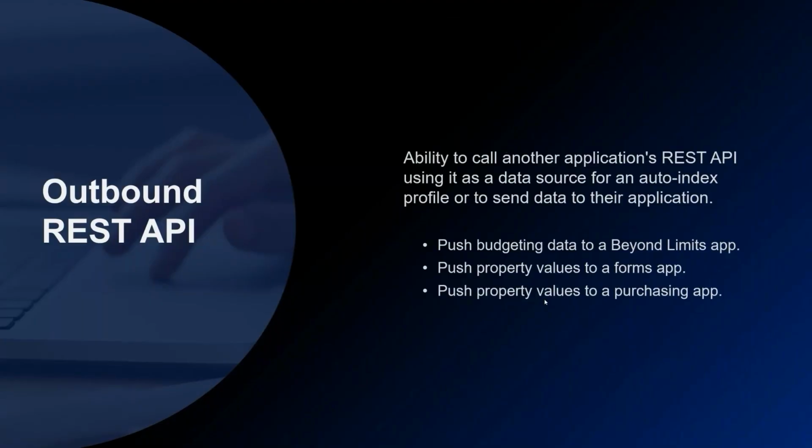But I wanted to mention also that we're working on a new tool for using another application's REST API to connect with DocLink, either to consume or export data. We have our own API, but sometimes you want to use someone else's API to either send them data or to consume data from that application. While this isn't an AI tool, it is something that we're working on right now.